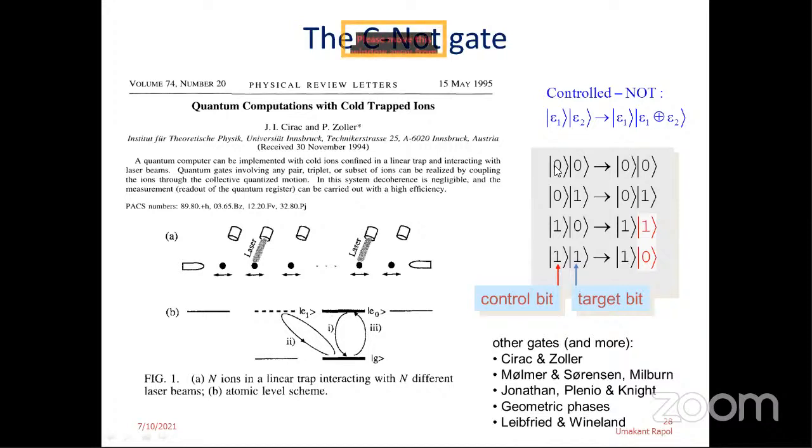If you have, say, a two ion system, for example, 0, 0. Now, I call the first one the control bit, the second one the target bit. Depending on the state of the first control bit, the state of the target bit changes. In this case, the state of the control bit is 0 in the first two cases.